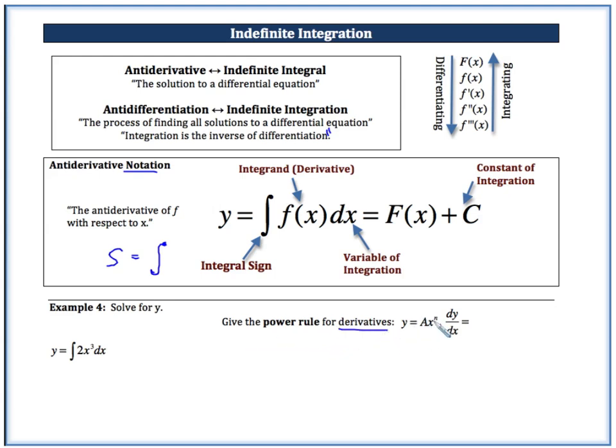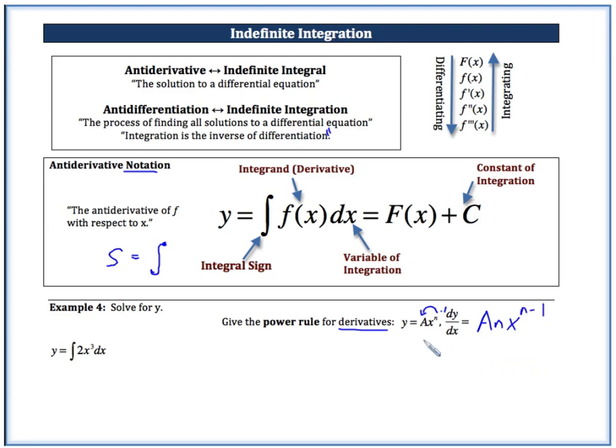So if we had some function a times x to the n, recall what that derivative was. Remember the n multiplied the a and then subtracted 1. So when we see this, we know that we would get a times n times x to the n minus 1.